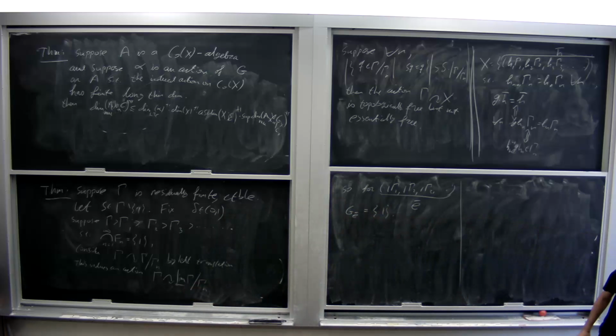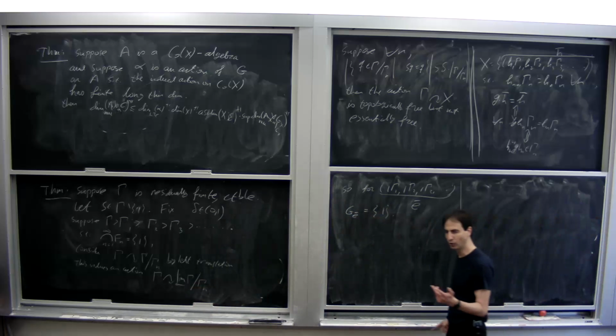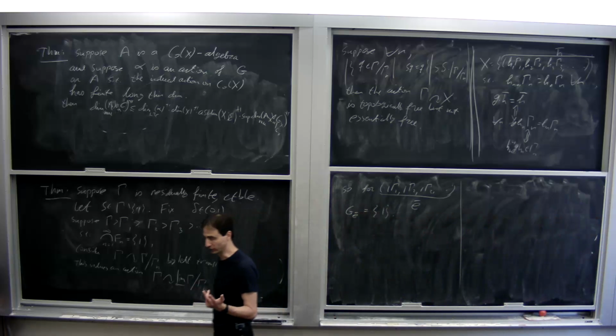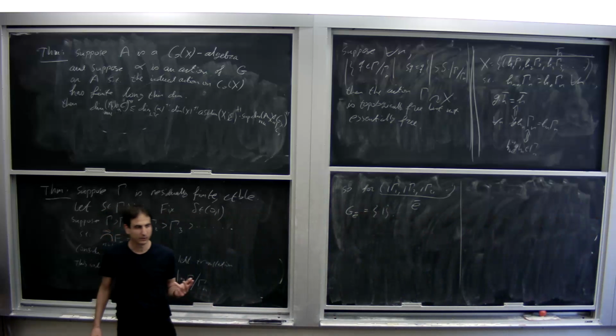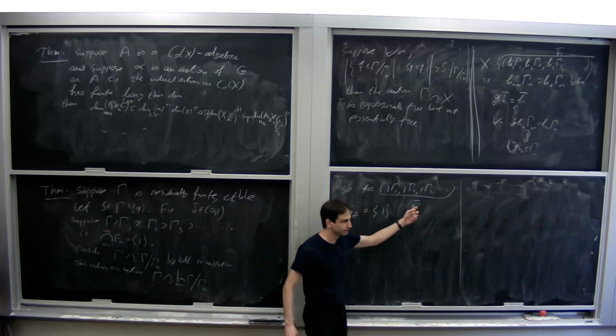The second thing to notice is this action is obviously minimal. The orbit of any point is dense. You can see it easily, particularly the orbit of this point is dense. And if you have two points in the same orbit, their stabilizers are conjugates. So any point in the orbit of this point has a trivial stabilizer.